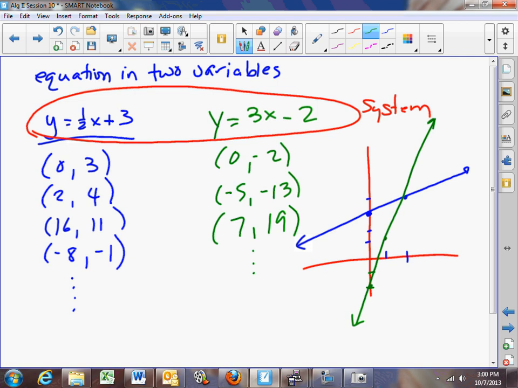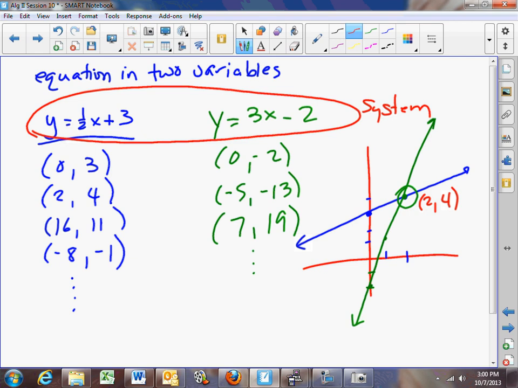If we have a picture like this, the graph of the system, it turns out that the place where the two lines intersect is a point that is on both lines, and so that point is matched with an ordered pair that makes both of the equations true at the same time. It looks like it's about the point 2, 4.